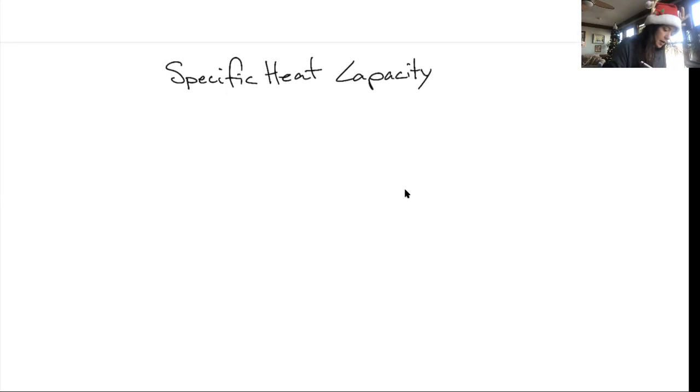All right. So what we will be discussing, my friends, is specific heat capacity. This is a number, a numerical value.